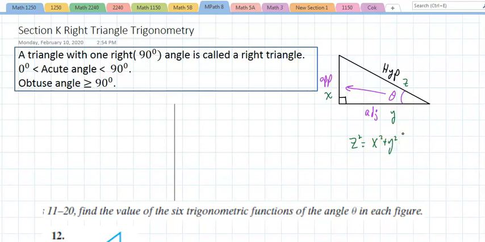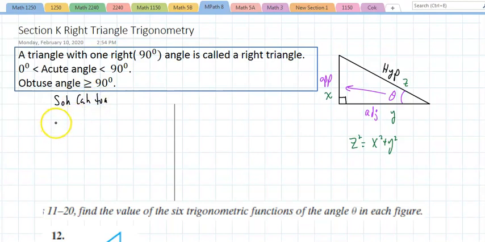Something to keep in mind. Now, associated with every right triangle are 6 trigonometric functions, and they are really emphasized in SOHCAHTOA. Make sure you spell that correctly.